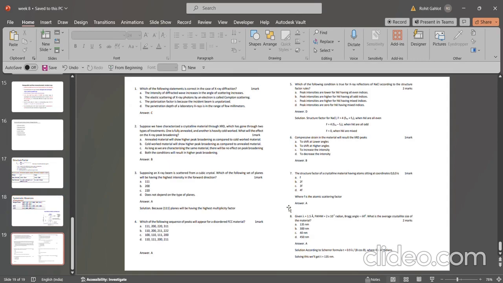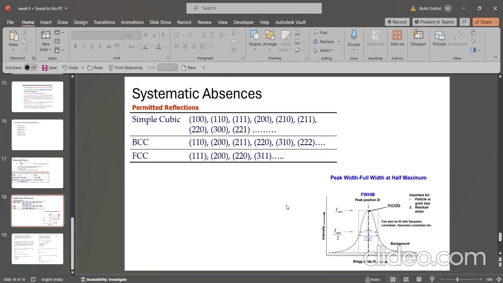Also if you talk about the Lorentz factor, this is based on the angular distribution, that is the difference in delta theta, and then the geometry factor which affects the intensity. There will be some set of planes which are oriented exactly at the Bragg's angle for diffraction, and there will be a set of planes which are slightly away from the Bragg's angle.